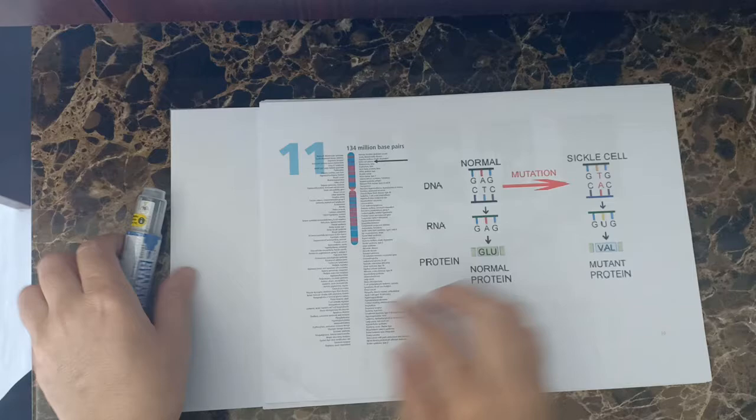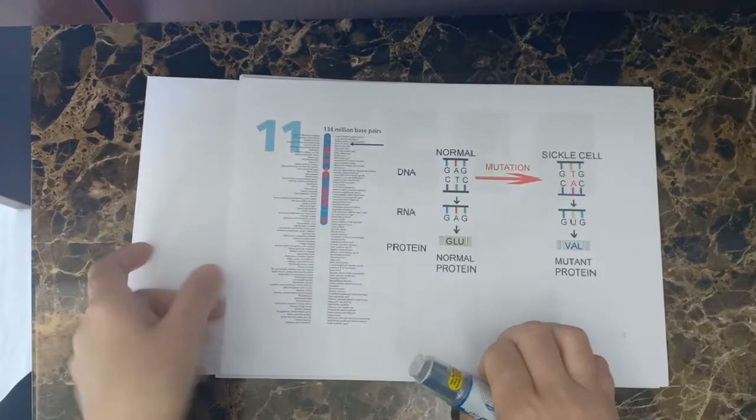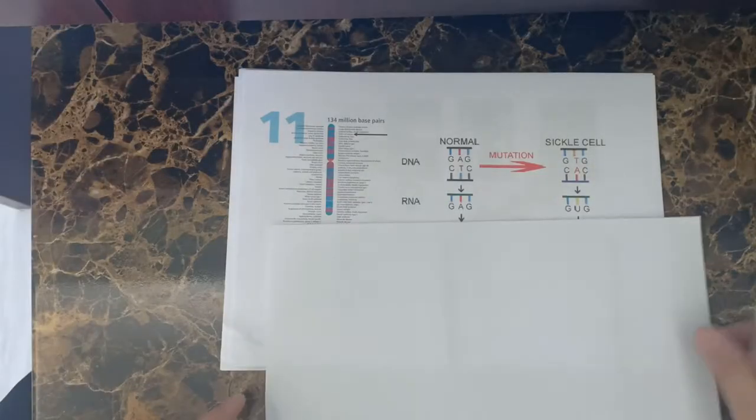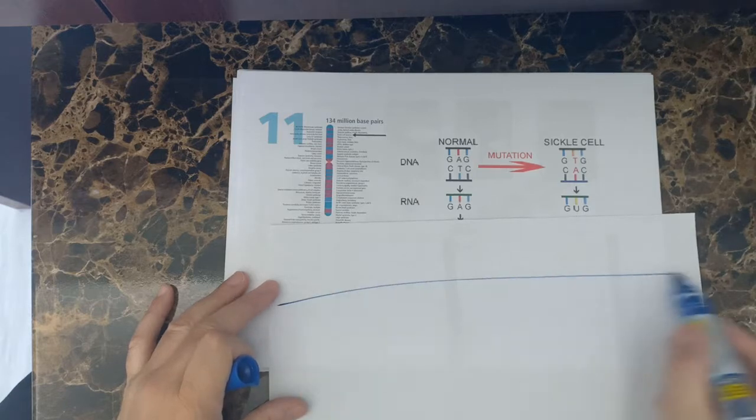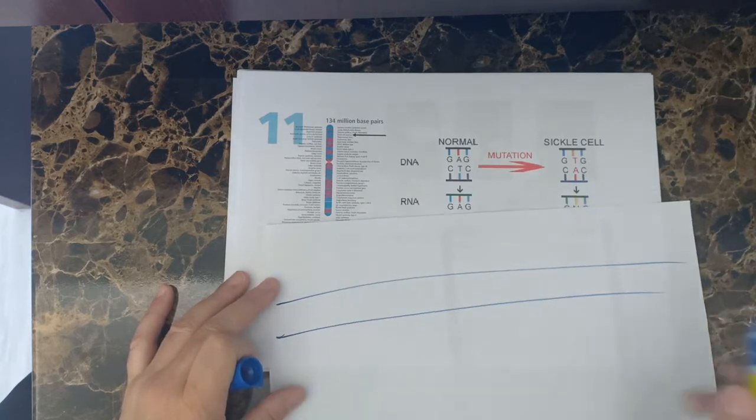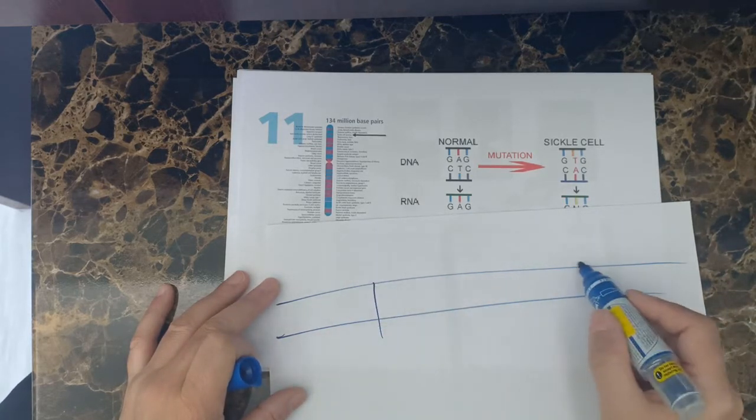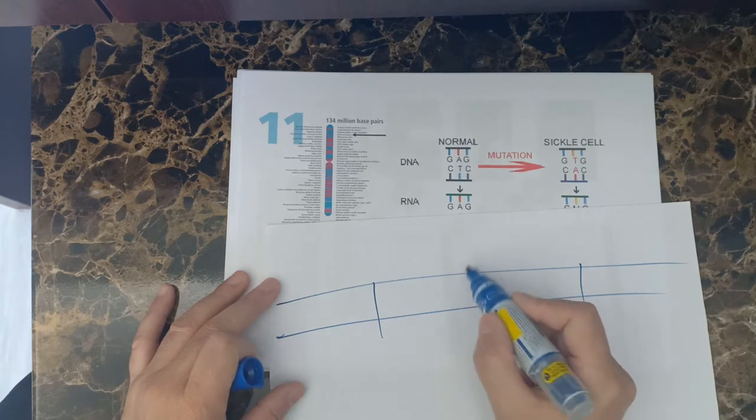If you look at the sequence of the gene, what are you going to find? This will be your chromosome, and let's say the gene starts from here, at a certain position.